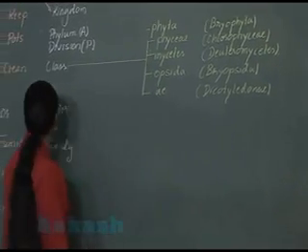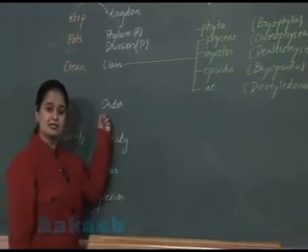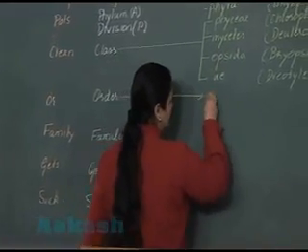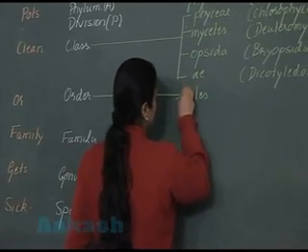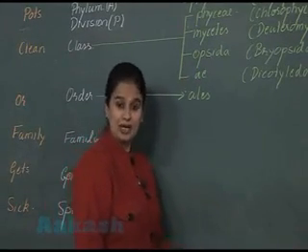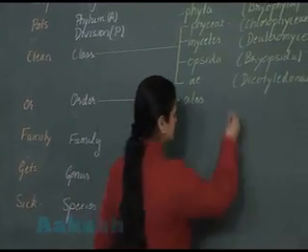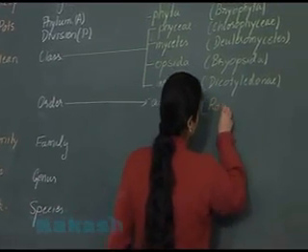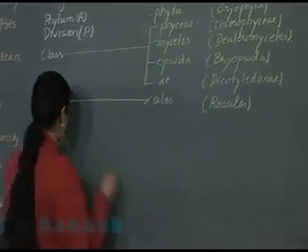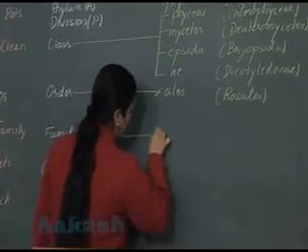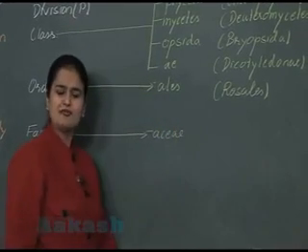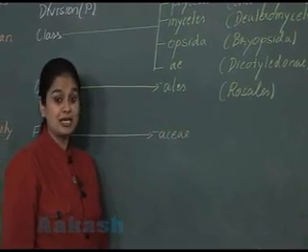Now after the class, the next category is order. For order, the suffix utilized is ales. Examples are Poales, Rosales. Now the next one is family. For the family, the suffix is aceae. Several names might be known to you.